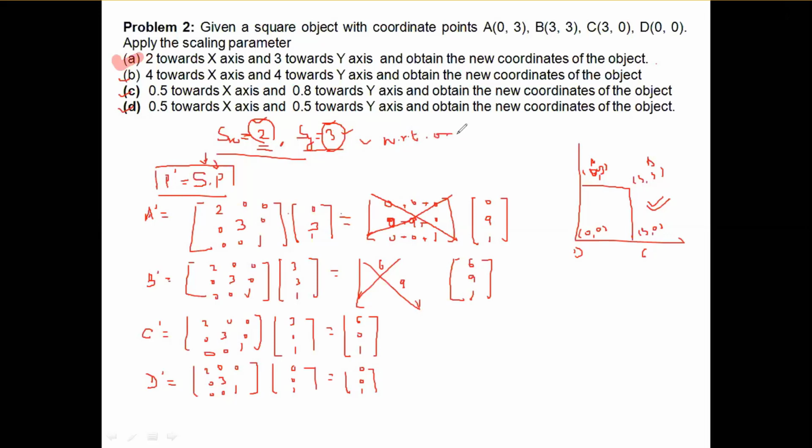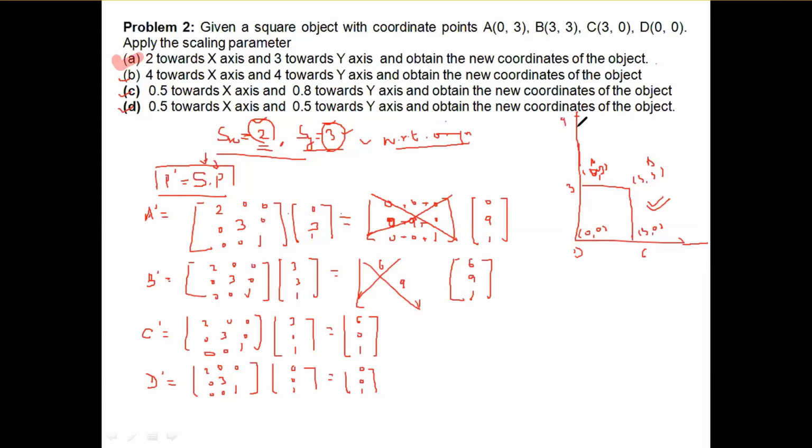Enlargement means this object will move away from the origin. Let's see where it lies. A dash is 0, 9. This was your 3, so let's say this is 9, as 9 is the highest one.